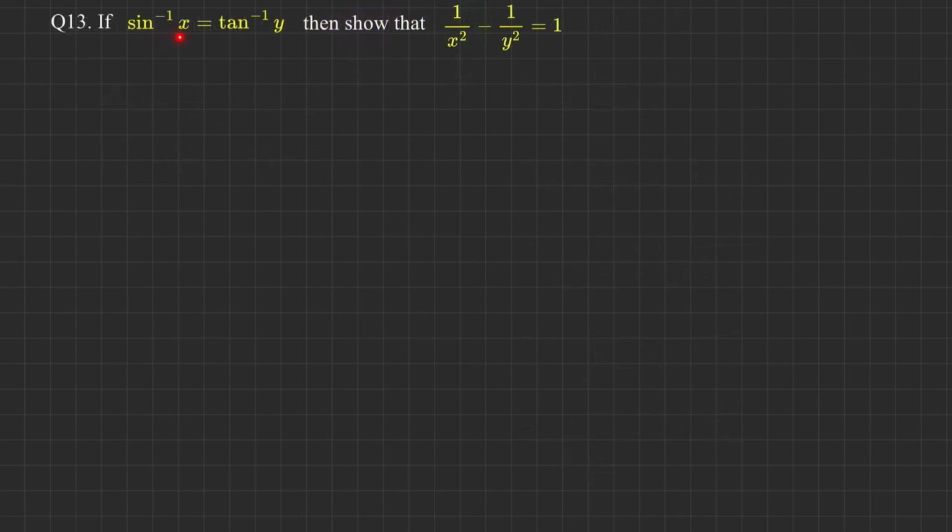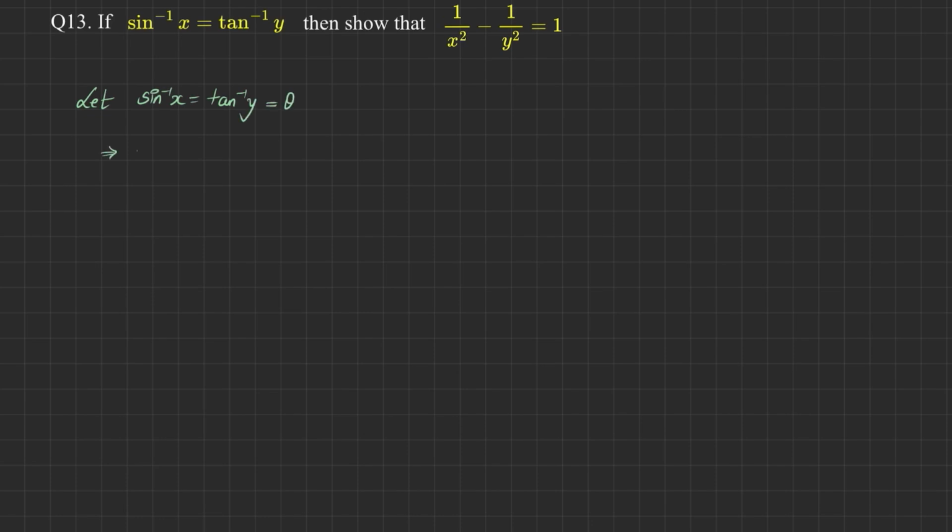If sine inverse of x equals tan inverse of y, then show that 1 over x square minus 1 over y square equals 1. So let us consider sine inverse of x equals tan inverse of y equals theta.